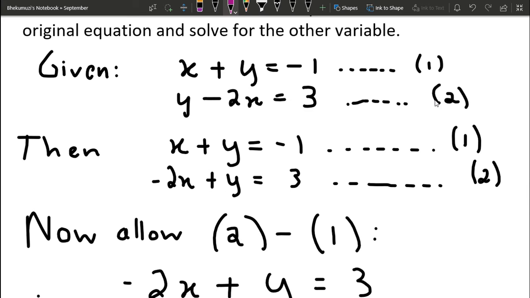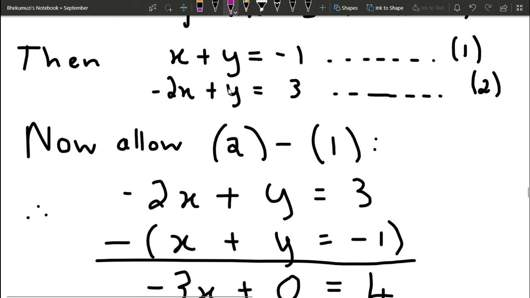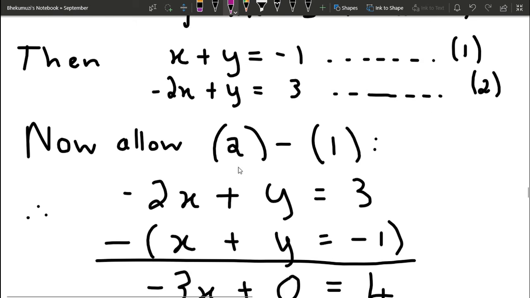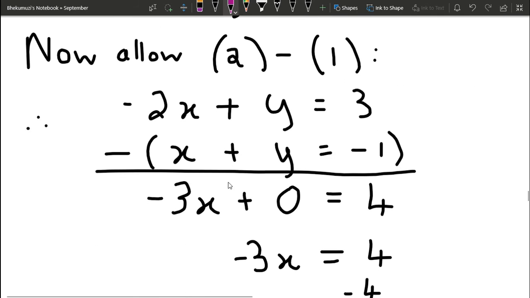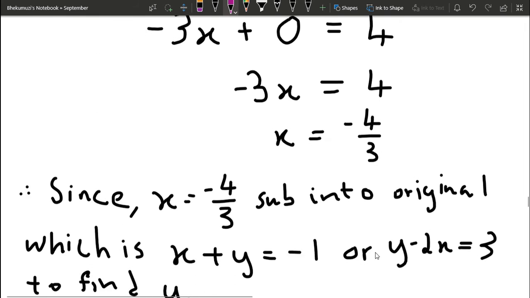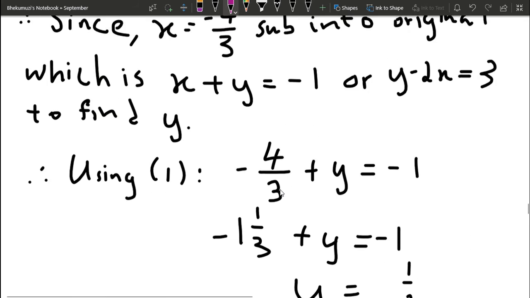You name the equations, and then I say I would like to make the equations subtract each other, and once they subtract each other, I find that this gives me -3 over 4 and 1 over 3, and those are our answers.